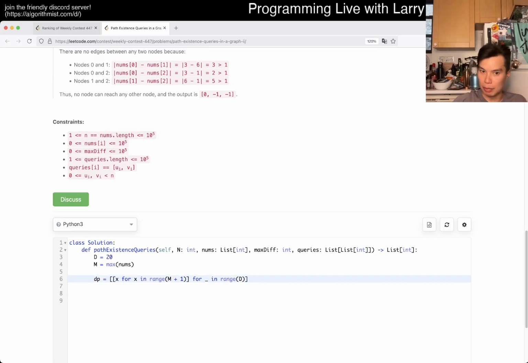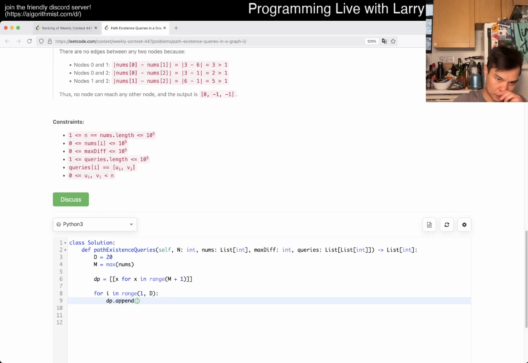It's not quite right, but okay, fine. Actually, just do this, and then 4. DP there. So okay, so 0 steps away. Technically, it should be 1 step away, but that's fine.